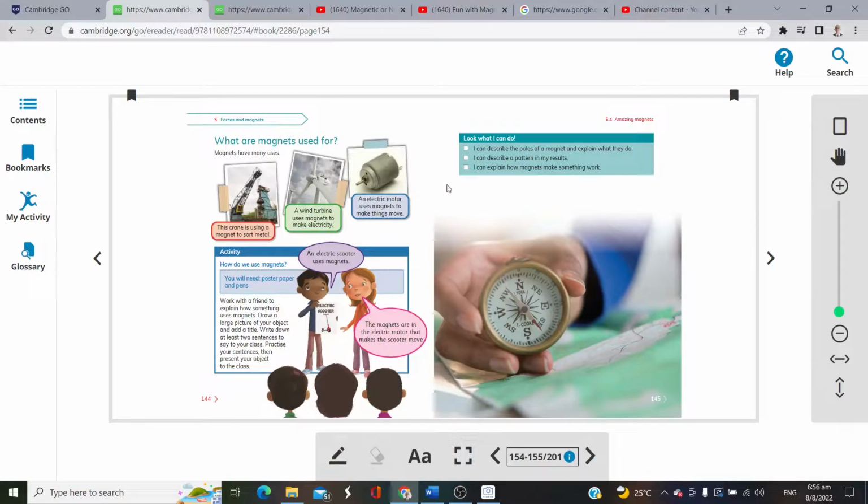I believe most of you have toys like a remote control car, remote control plane, remote control helicopter, drone. All those things use an electric motor, and inside the motor there is a magnet. That is how they generate power from it.